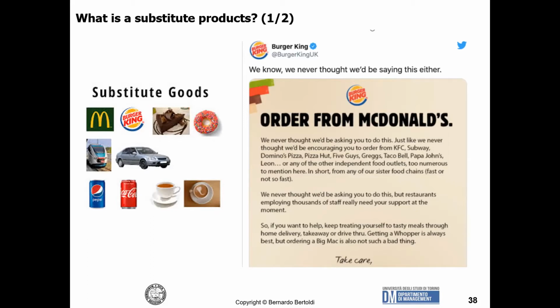So we, Burger King, probably the best and most important competitor of McDonald's, are saying buy from our competitor. And if you read the Twitter feed, it also said buy from other companies like KFC, Subway, Domino's Pizza, Pizza Hut, Five Guys, Greggs, Taco Bell, Papa John's, Leon, and so on. The point was that all those names are perceived by Burger King managers to be in the same industry.